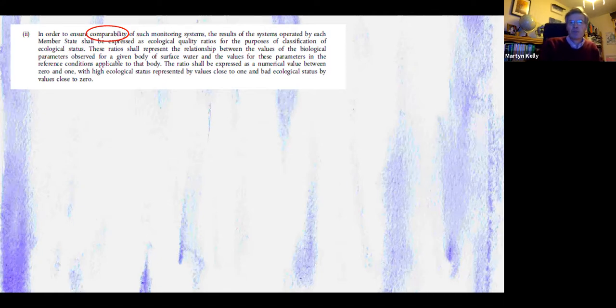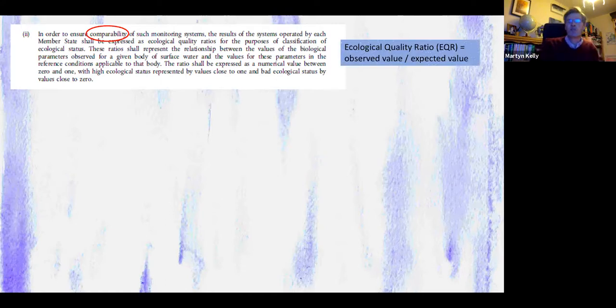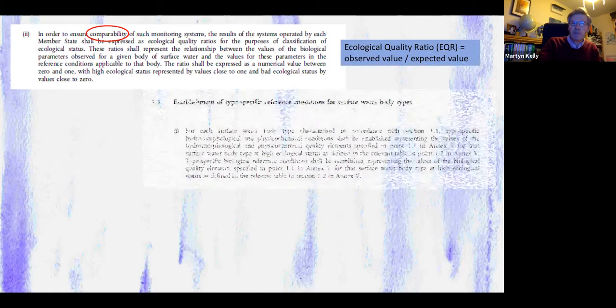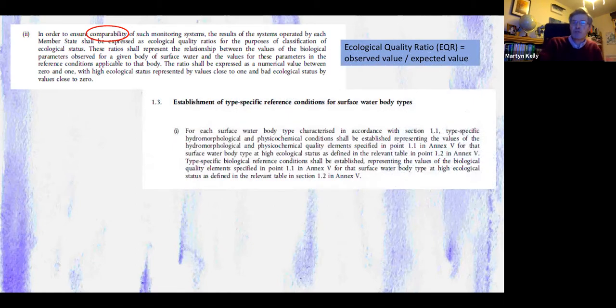And the way this is achieved is by expressing all ecological status assessment results on the same scale, which is an observed versus expected scale, the ecological quality ratio. And the idea was that the expected value, the denominator, would always be the same. It would be the reference condition, the no impact site.